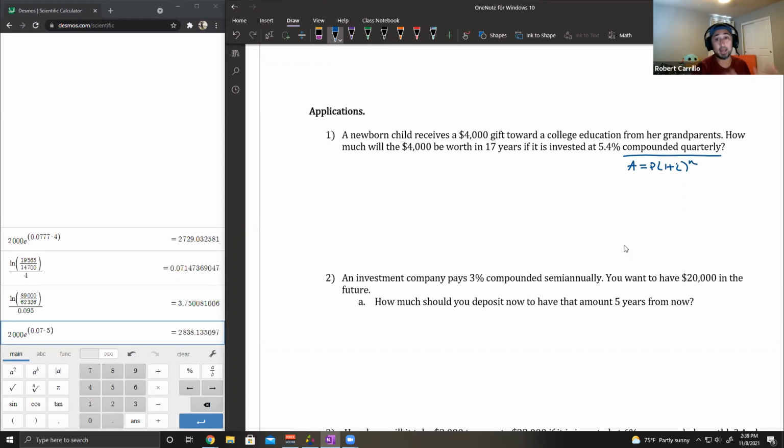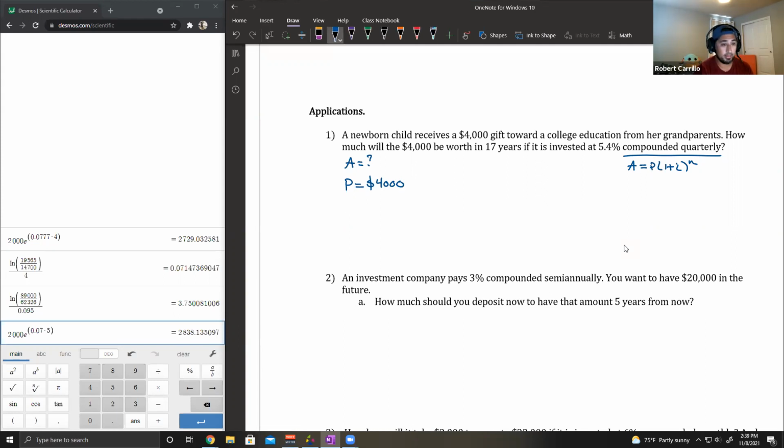This means we use the compound interest formula. We want to know how much it will be worth, so we are looking for A. We know that her grandparents gave her $4,000.